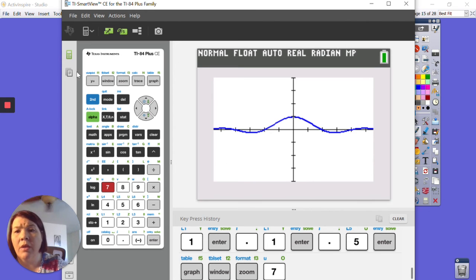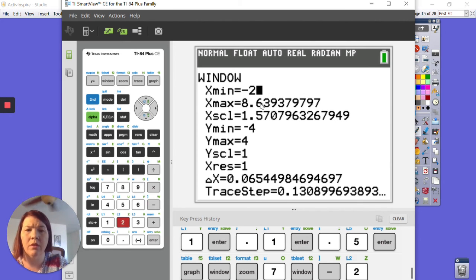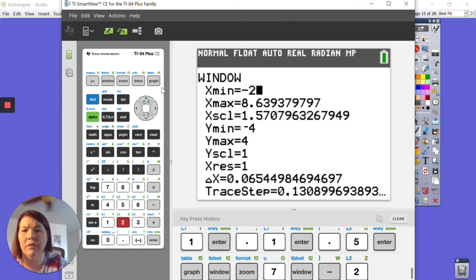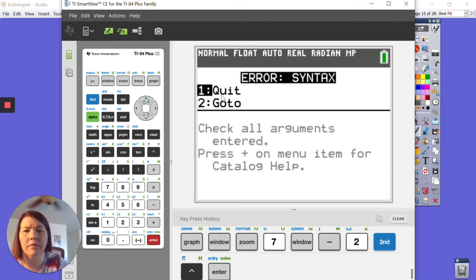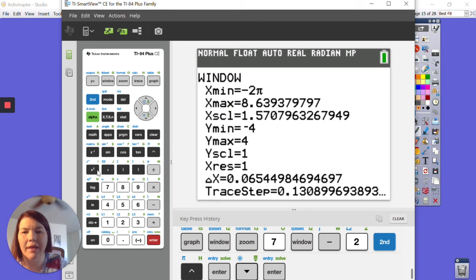So if you look at your window here, you can see that this is just a little bit more than 2 pi. But I usually like to do negative 2 pi and 2 pi. And I used the wrong sign. Again. Negative.